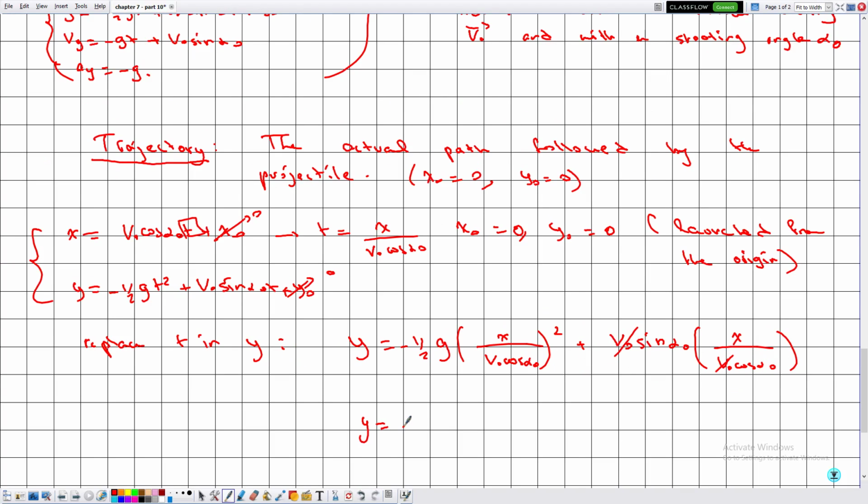So here we have that y is equal to minus half g x square divided by v0 square cosine square alpha 0 plus tangent alpha 0 multiplied by x.